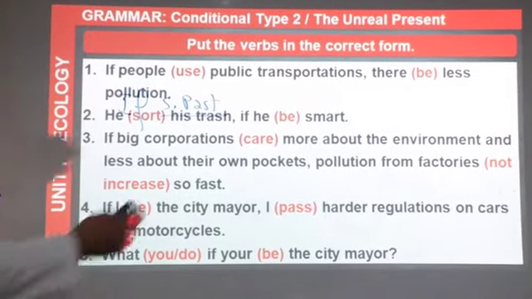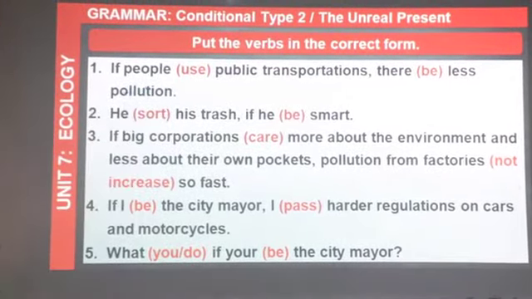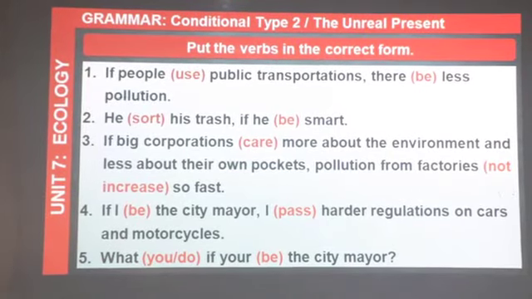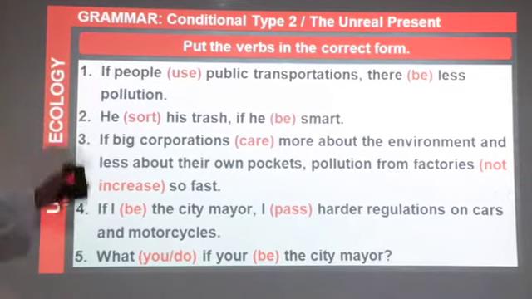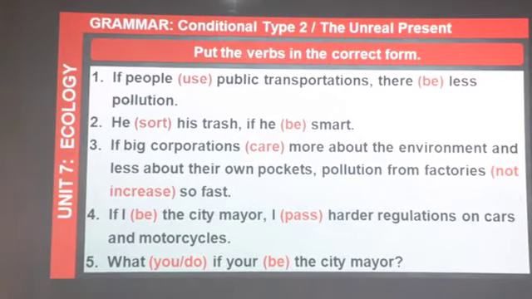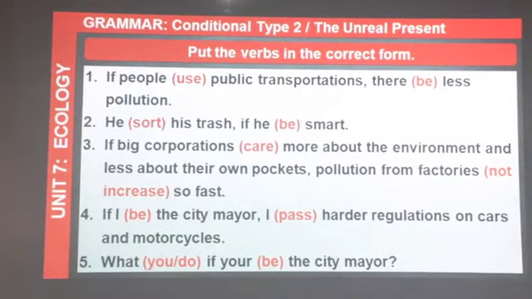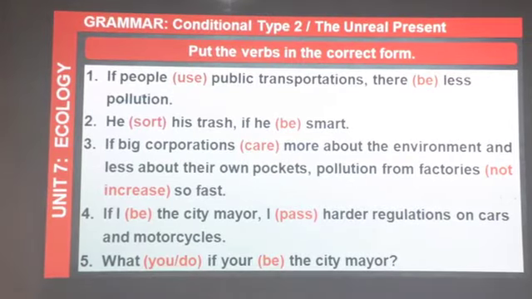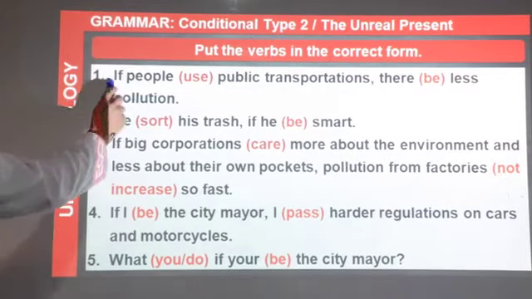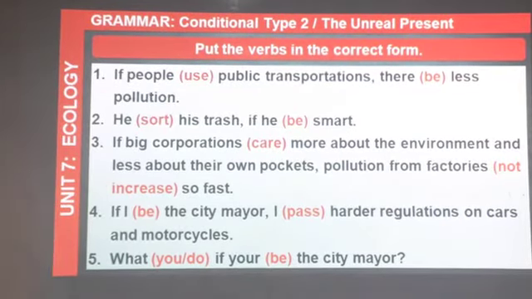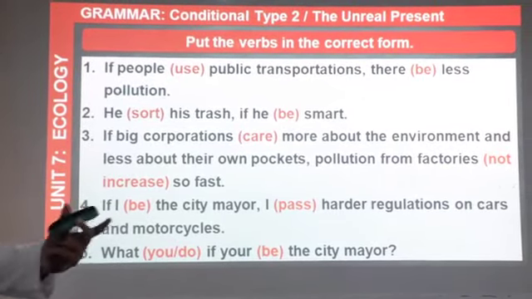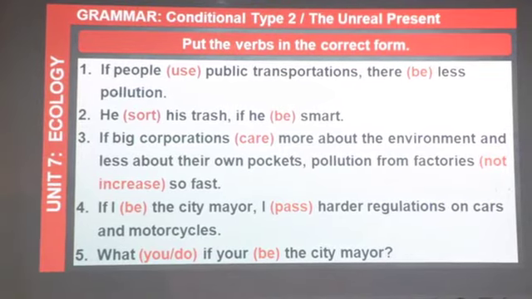Okay, guys, let's practice. I'd like you please to put the verbs in the correct form. We have some sentences here, and some verbs between brackets that I'd like you to put in their suitable forms, corresponding to each sentence. So if people, between brackets use, public transportations, comma, there be, less pollution.